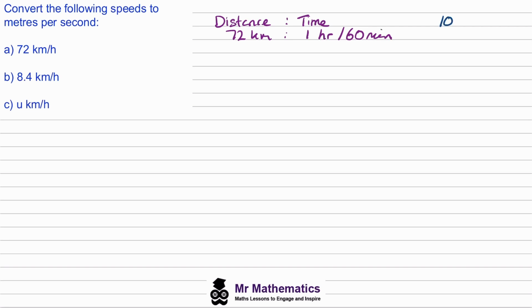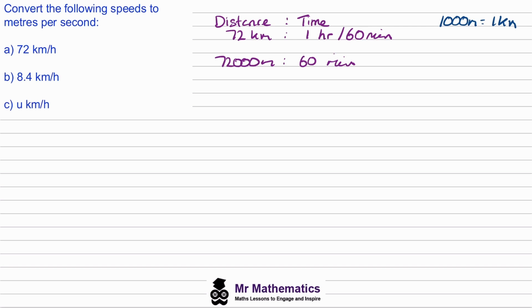And we know there's 1,000 meters for every kilometer, so this 72 kilometers is the same as 72,000 meters, and this is covered every 60 minutes.